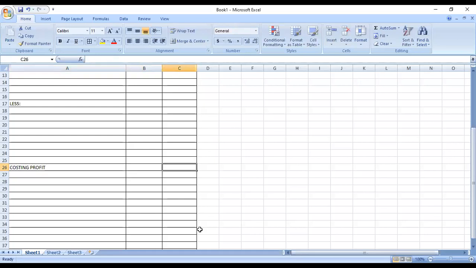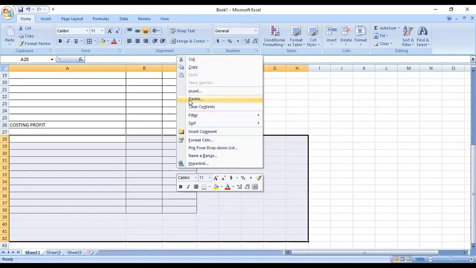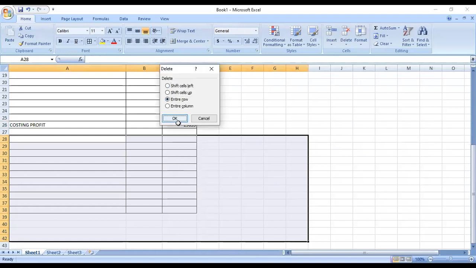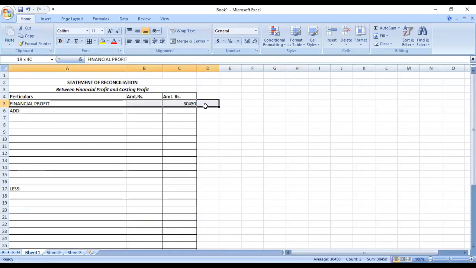It is given as 29,655. This you have to deduct. So this is the costing profit, and this is the financial profit.